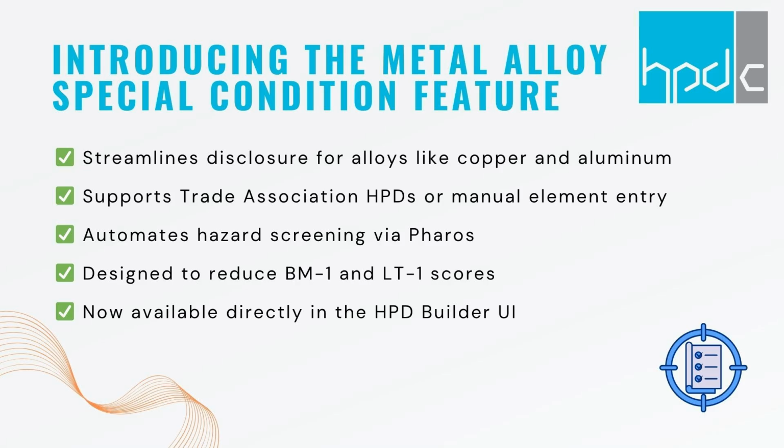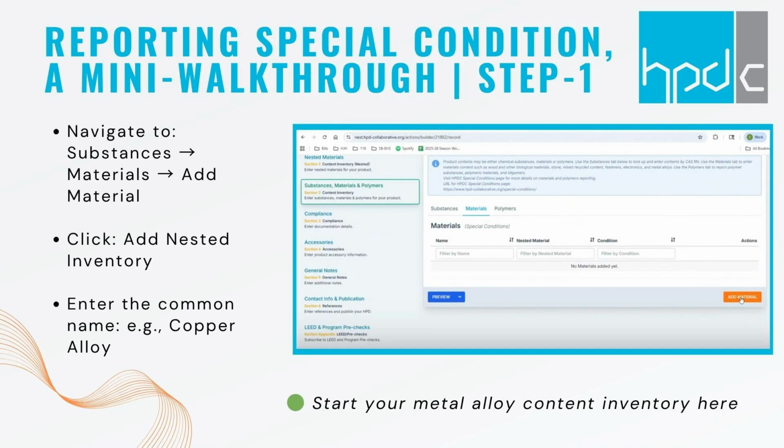It's designed to reduce false red flags like BM1 or LT1 scores that might occur with improperly reported alloy constituents. And most importantly, it's now integrated directly into the HPD Builder interface. Let's begin our walkthrough of how to report a metal alloy using the special condition feature.